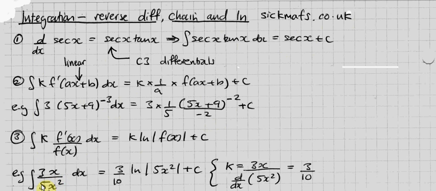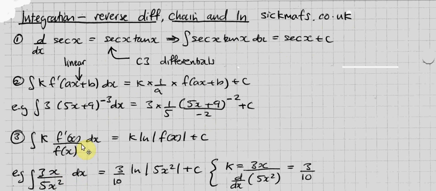If you differentiate 5x squared, you get 10x, but you've got 3x here. But you can imagine 10x times a k equals 3x. Basically, it's just the difference of the coefficient, your number in front of x. So if you've got x squared, you're in trouble, or x cubed or something like that. But if I've got 10x here and you've got 3x here, it's only a difference of coefficient, not the variable itself. That's a fancy way of saying it.